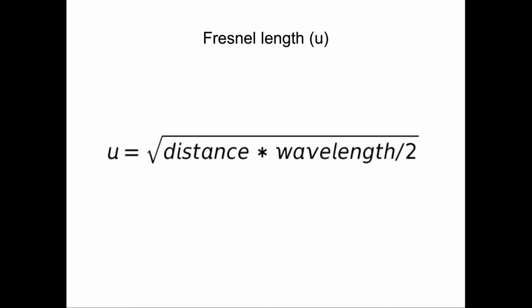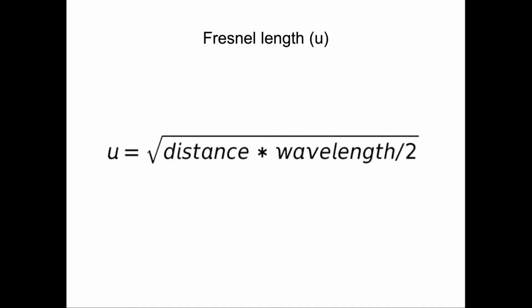Now, the Fresnel length is commonly used, and I wanted to show the definition that I use. I believe it's the same one that Raymond-Dusser uses. Occasionally, you will see this without the division by 2. So you have to be a little careful to make sure that you're not comparing apples to oranges.